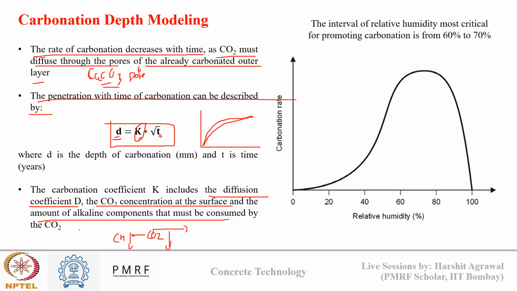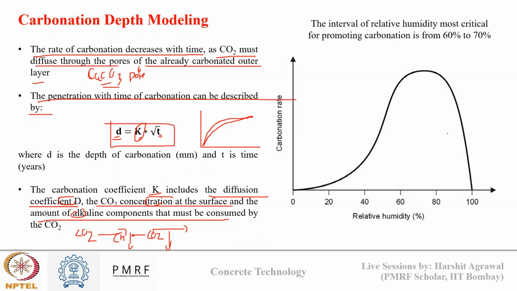If there is more CO2 on the surface, then there will be a larger rate of movement of CO2 through concrete. These two processes affect the diffusion coefficient of CO2 through concrete. Now this K factor is affected by a lot of parameters.